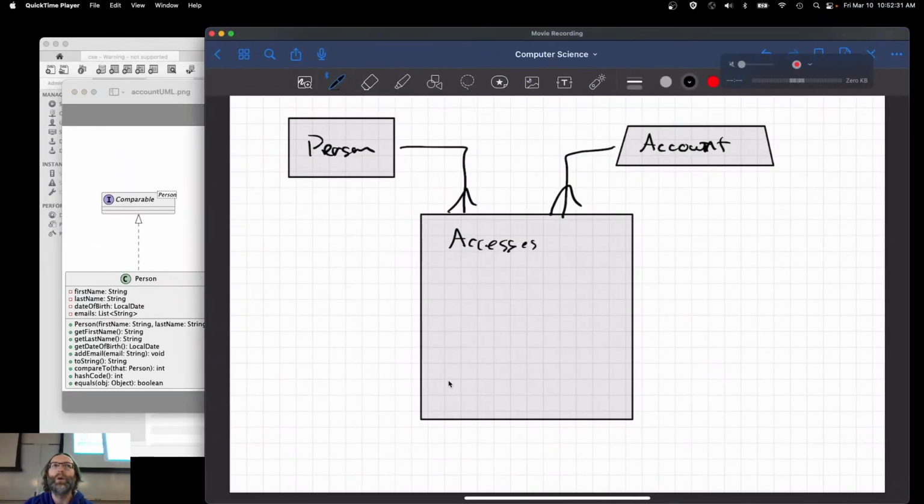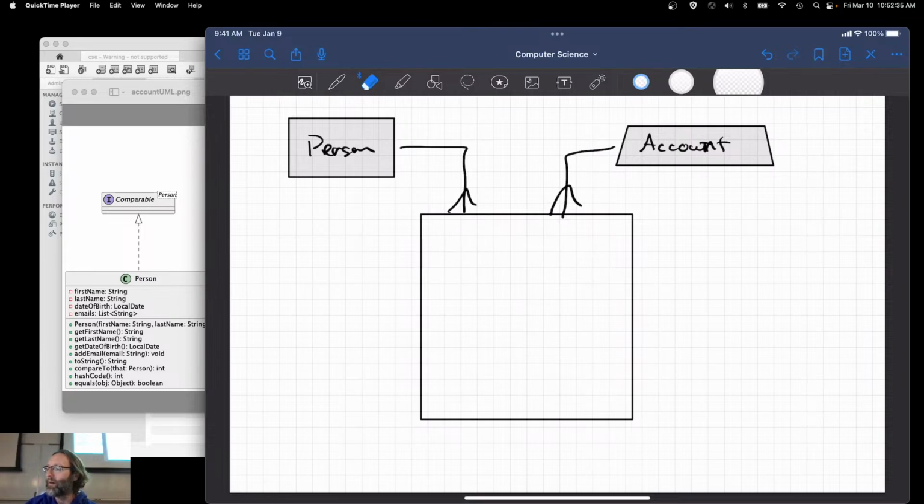So owns, you could put that. But generally, you like to name things with nouns, not adjectives. Adjectives would be like interfaces. Ownable.